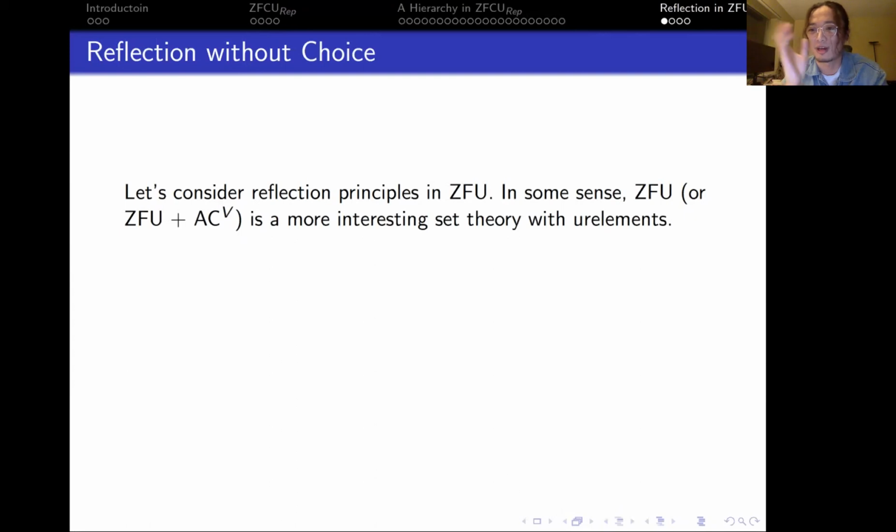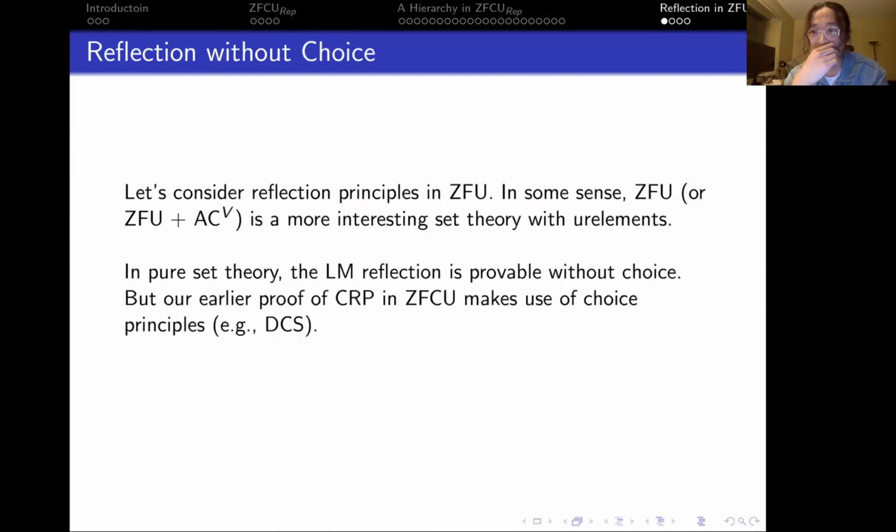We can just talk about their isomorphic copies in V. So maybe set theory with Ward elements is only interesting when there are sets of Ward elements that cannot be well ordered. And we can also insist AC in V, right? You can have a set of Ward elements that are not well ordered, but you can insist that every pure set can be well ordered. Okay, so maybe ZFU with AC for V is a better theory.